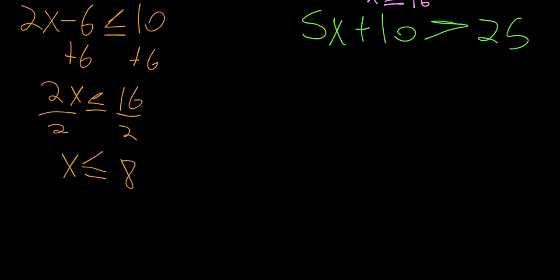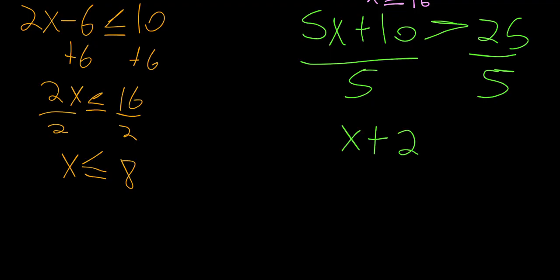All right, last one here. Let's subtract 10 from both sides. Actually, just for the fun of it, because I'm so sure you did phenomenally on the other problems, we're going to divide both sides by 5 first. We're going to get a little complicated just for the fun of it.